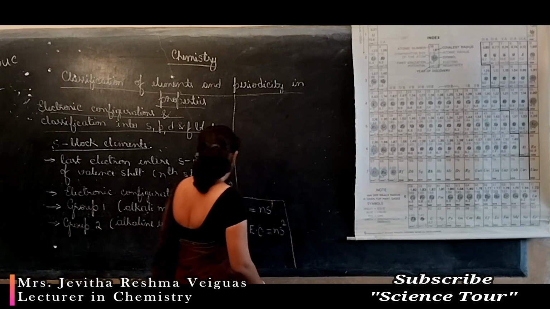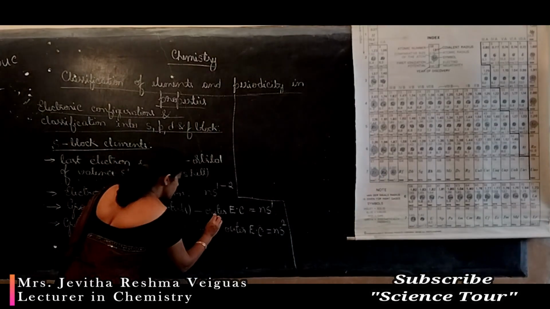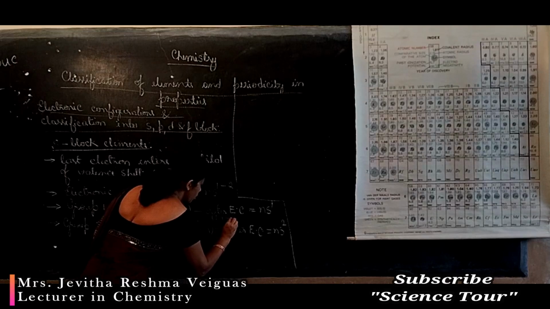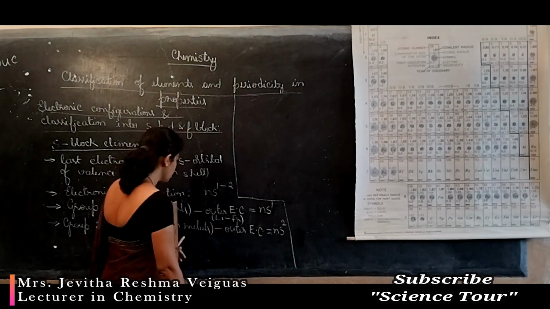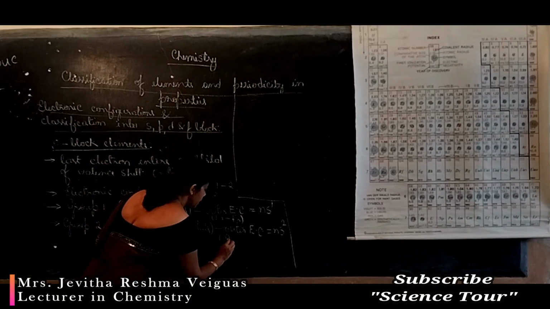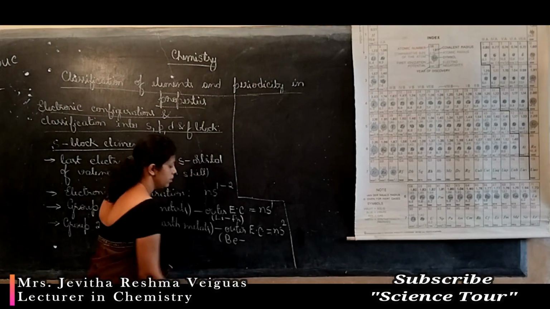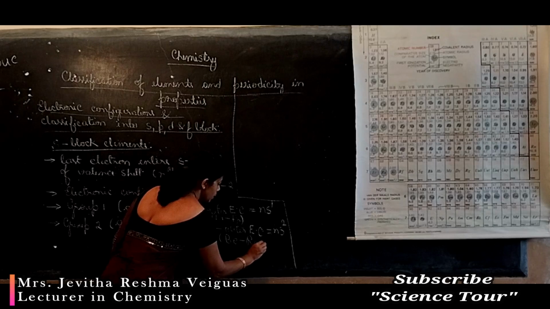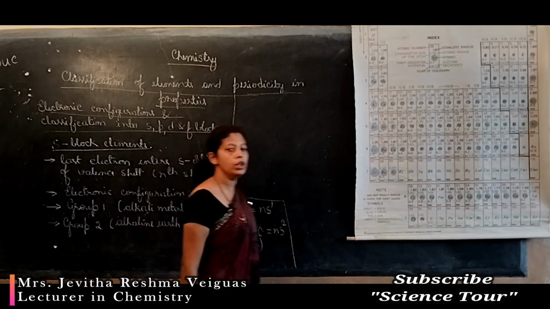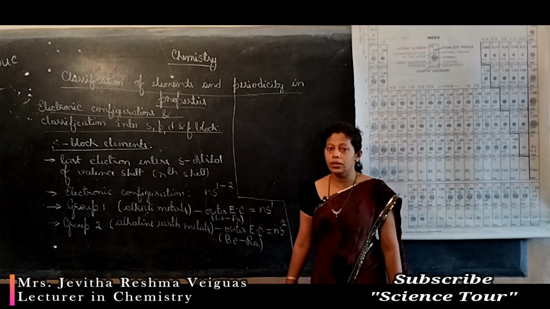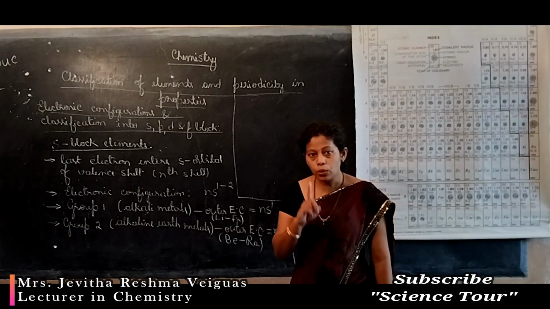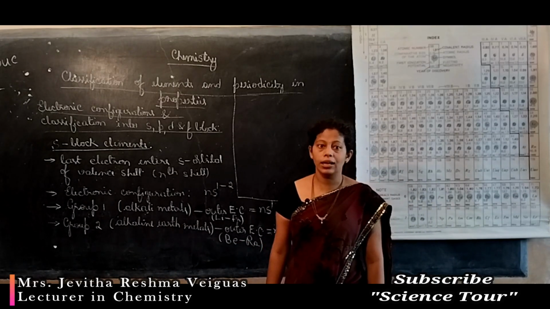So we can say alkali metals are lithium to francium. Then group 2 elements, they are beryllium up to the radium. In case of group 2, beryllium, it is a group 2 element but not called as alkaline earth metal.